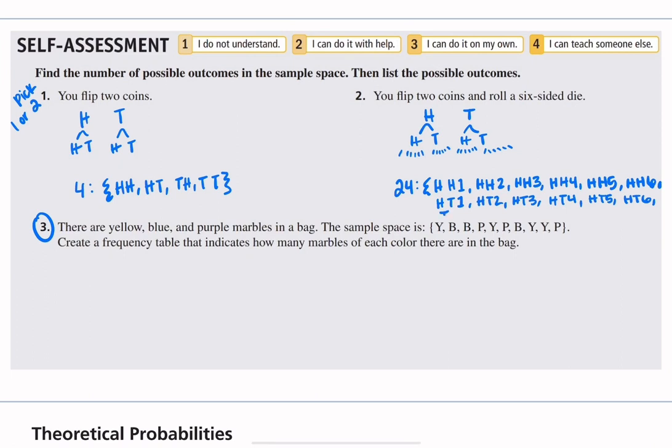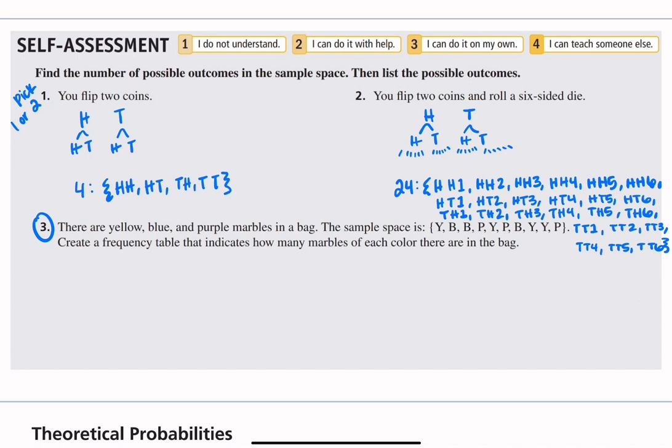Or you could get tails, heads, 1, all the way through 6. And then finally you could get tails, tails, 1 through 6. So that would be your sample space there.